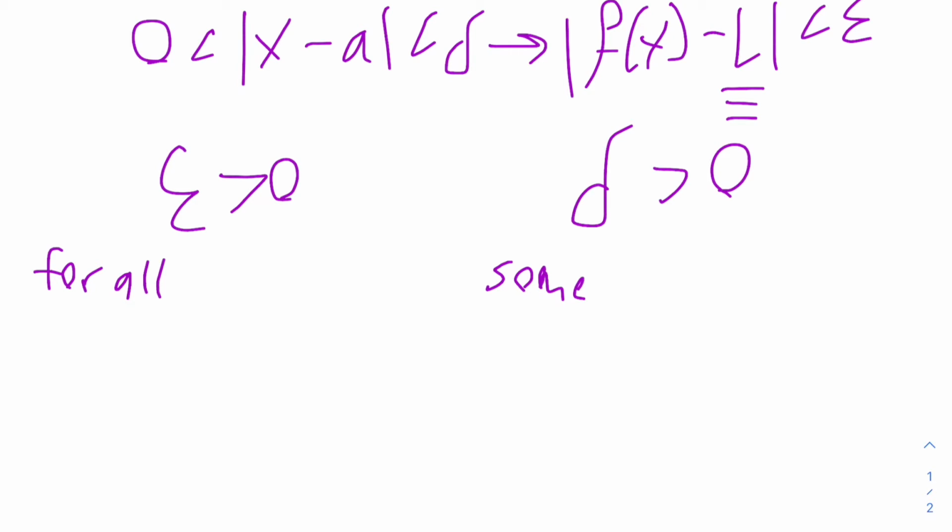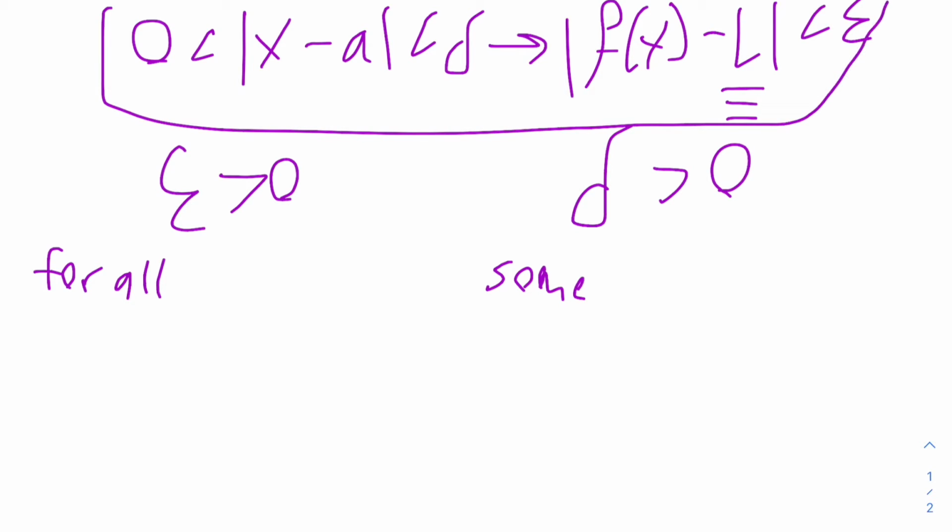We need to prove that however small the epsilon window is, however small a tolerance or error we allow around this proposed value L, there exists a delta window from where the x values always satisfy the above proposition, so they always lead to sufficiently close f of x values. So for all is here, and this is some.